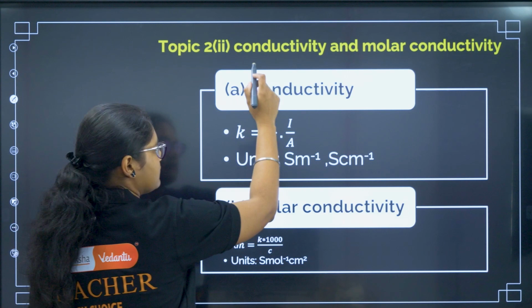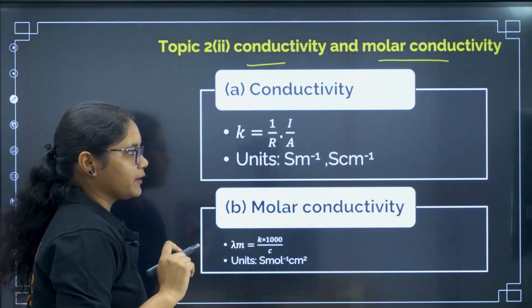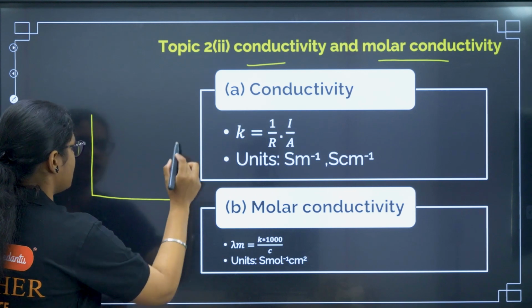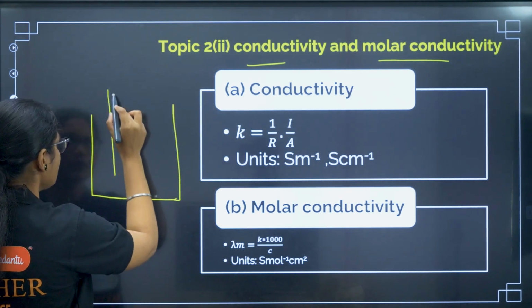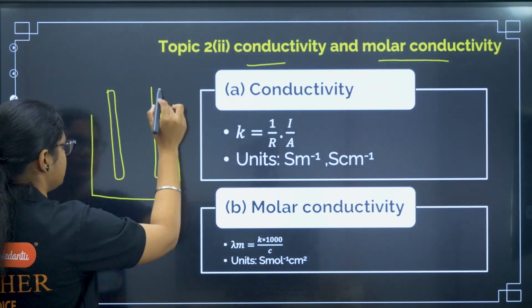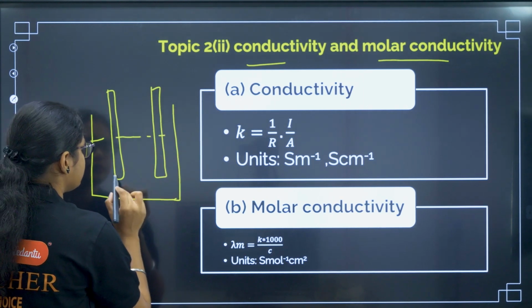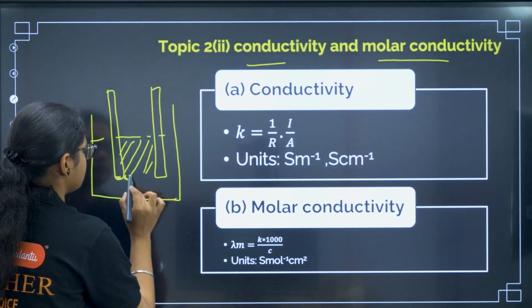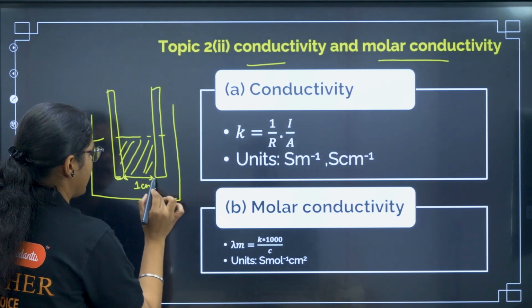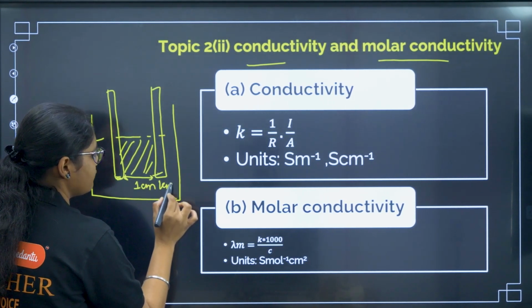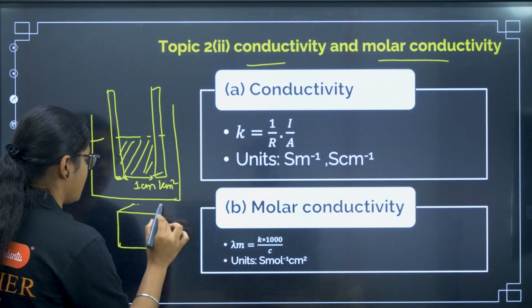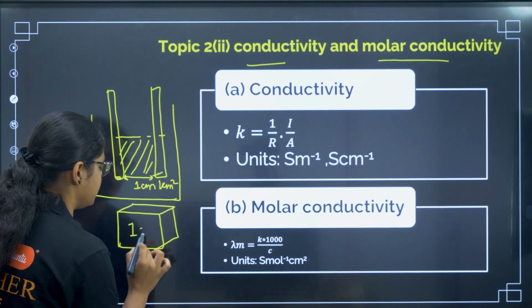Now coming to conductivity and molar conductivity. So what is conductivity and what is molar conductivity? Understand here. Suppose 2 electrodes are present. The rods have a cross-sectional area of 1 centimeter square, means I can say area of 1 centimeter cube.